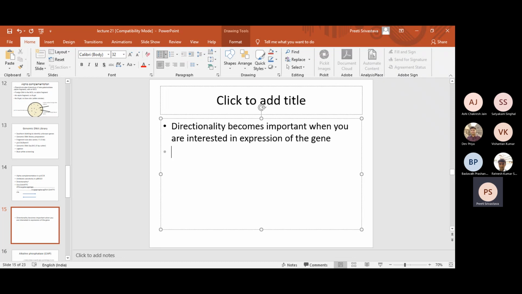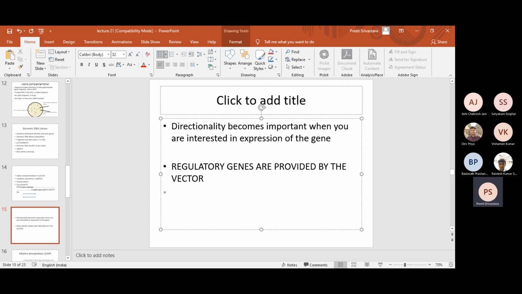But directionality becomes important when you want the desired gene for expression, and the regulatory sequences are provided by the vector. I have made this point clear: when the regulatory sequences are provided by the vector, you need to maintain the directionality. When they come together with the insert, it is immaterial.